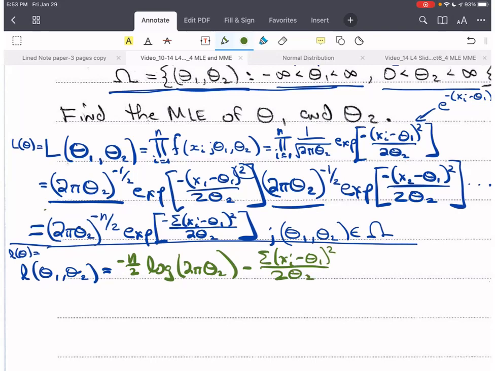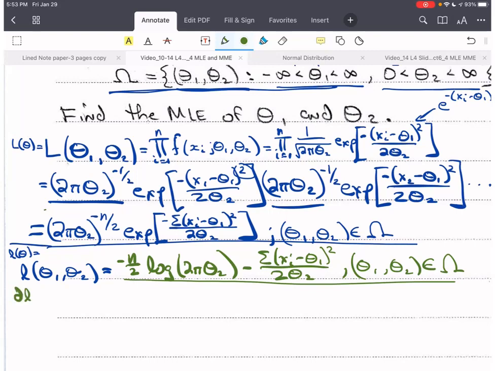Okay, so that's my log likelihood. And again, I'll say theta 1, theta 2 in sigma. And so this whole thing in green is my log likelihood function. So to be proper, we're going to make sure that we specify the parameter space, okay? Now we need to take the derivative, and we're going to have to take two derivatives.